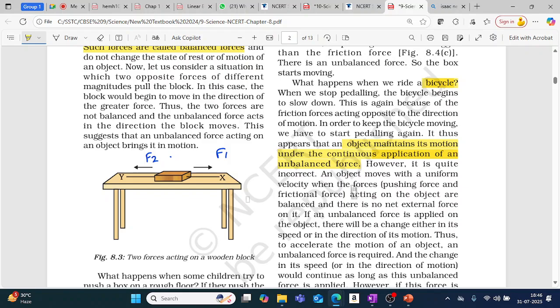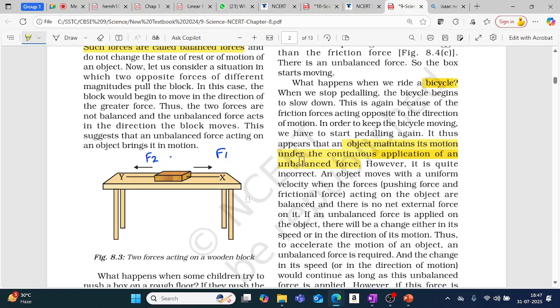Let me repeat, ma'am. You feel that you roll a ball, you give a push to the swing, it keeps swinging. If you stop pushing, after some time it stops. So you think that if I continuously apply force, it will continue to be in motion. Is that true? We feel that it is true. But in physics, actually, it is not true.